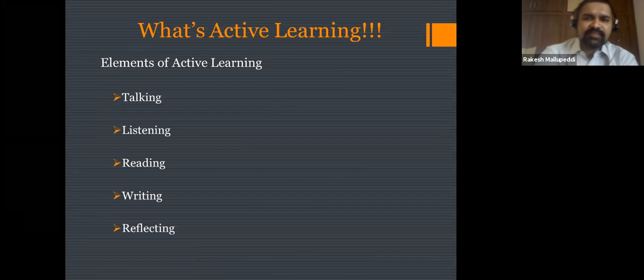If you see these five elements, not just listening and writing, there are different elements like talking, reading, reflecting. All these elements are combined in active learning, where all of them play a part in how the student learns the subject.